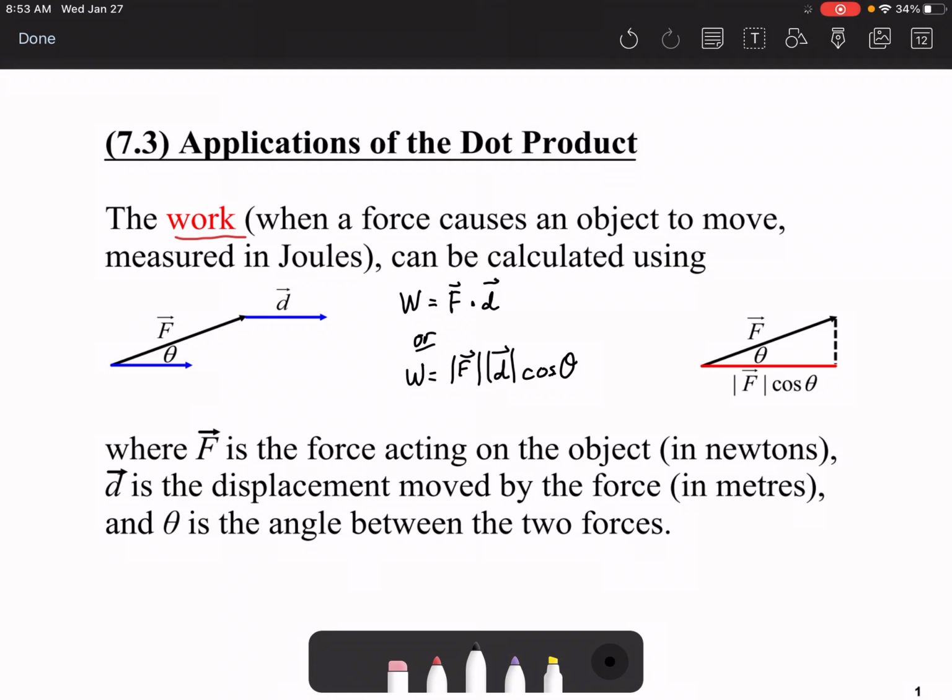You should use the one with the cosine theta if you happen to know what the angle is.